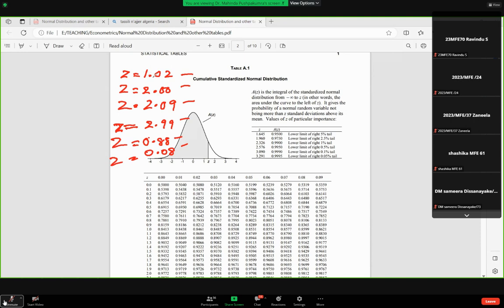The Z is equal to 1.02. Then you will have to search 1.0 here, and 2. This is the value.